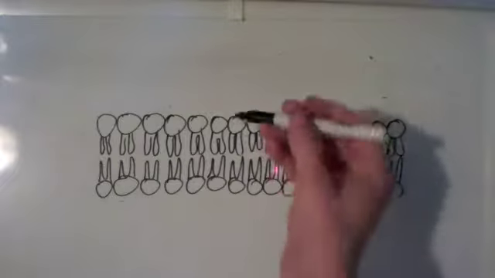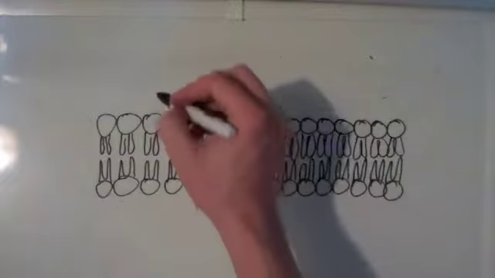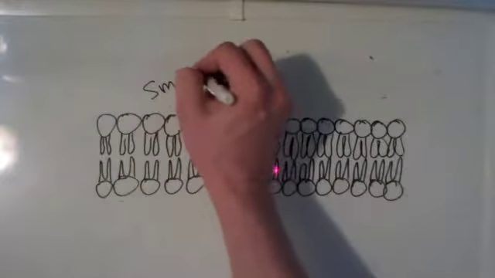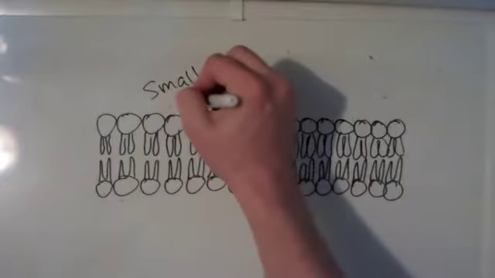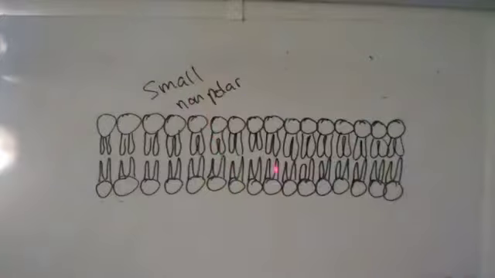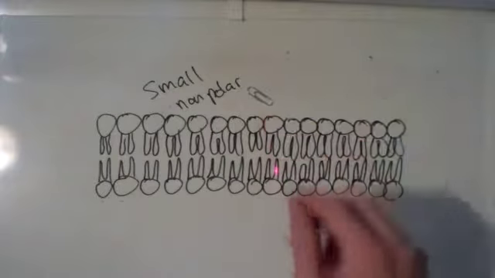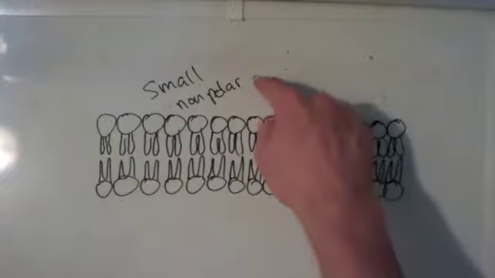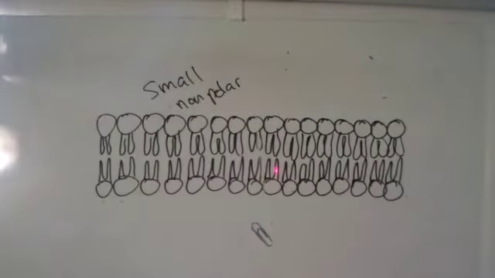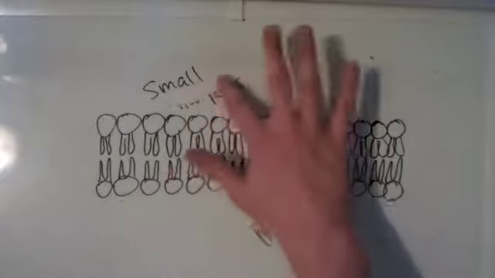So, in order to get something from here to here, it needs to be small. It can't be a large molecule. It needs to be small, and it needs to be nonpolar. If we have these guys that are nonpolar, they're going to move right through pretty easily. Okay, so how does that happen? How does that work?